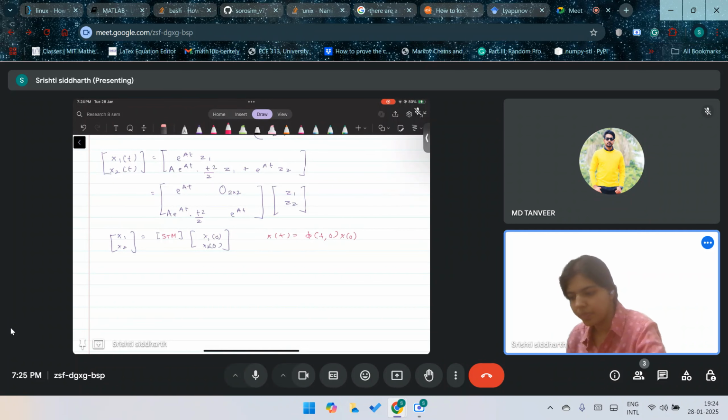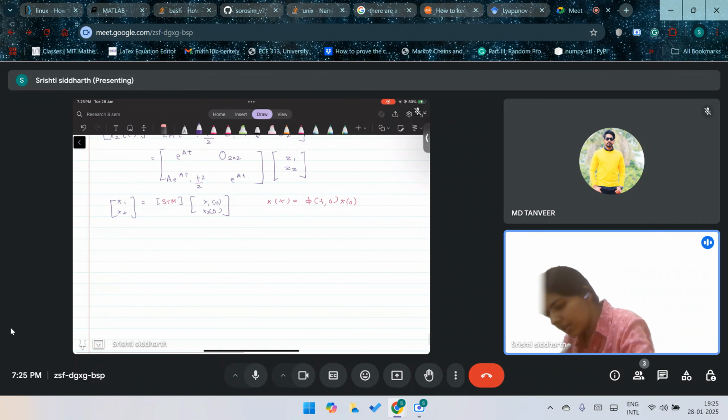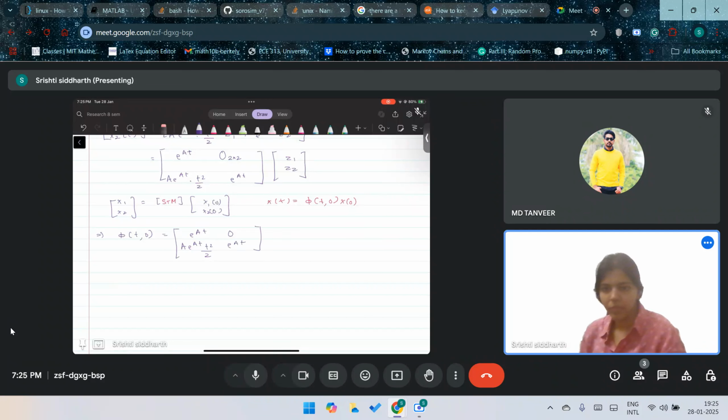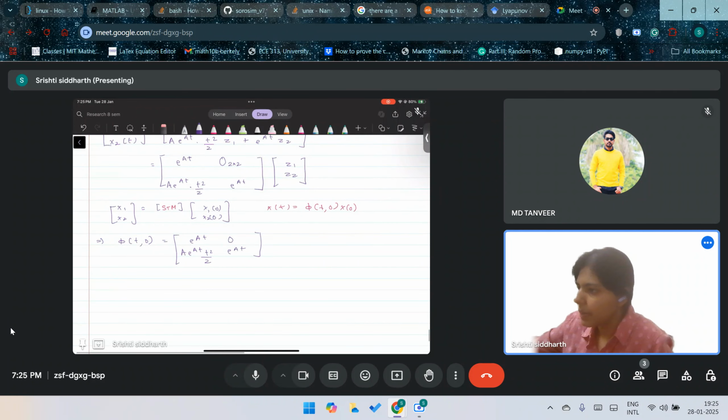So this implies that the state transition matrix is simply e to the power At, 0 and e to the power At. Alright.